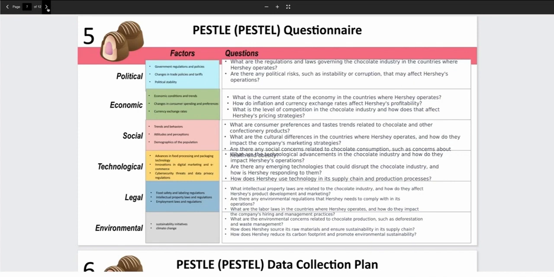So now you continue with questioning, again related to any of the branches in your PESTEL analysis. And this is how you are going to do your research. For example, for the social trends and behaviors, your question is, what are consumer preferences and taste trends related to chocolate and other confectionery products?